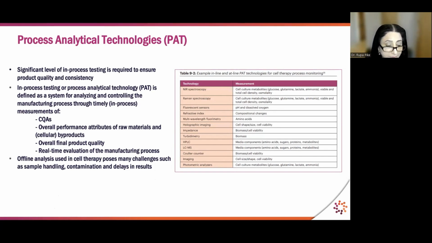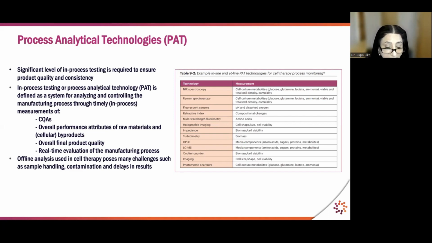In simple terms, what we would like to understand is, in-process testing, is it allowing for monitoring of the cells as they go through their journey from one unit operation to the next to the next?